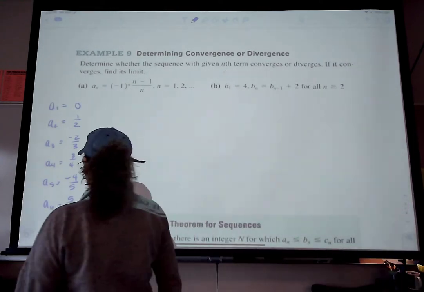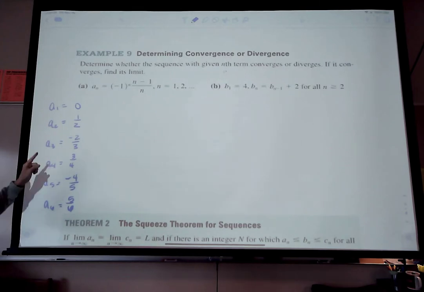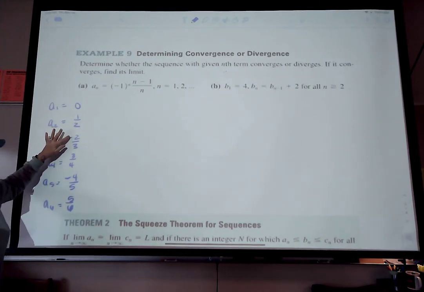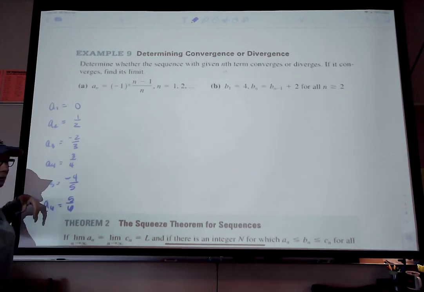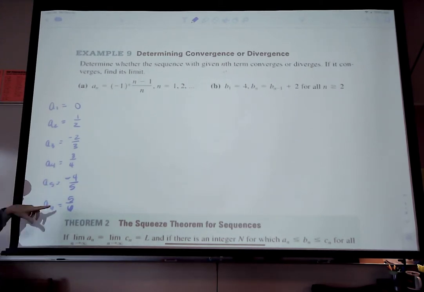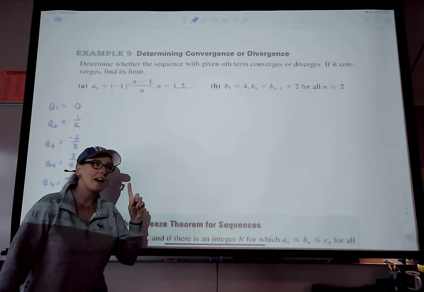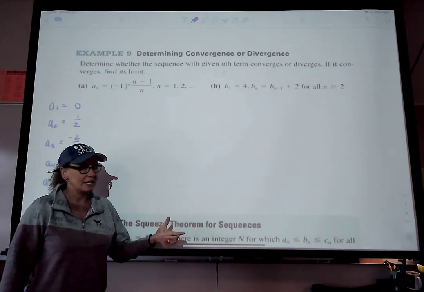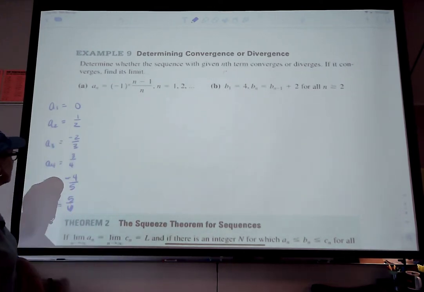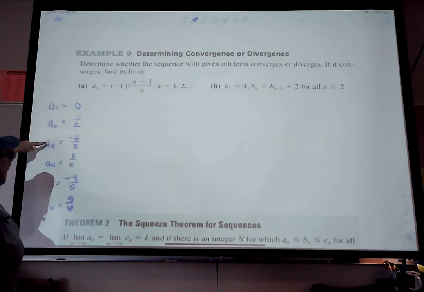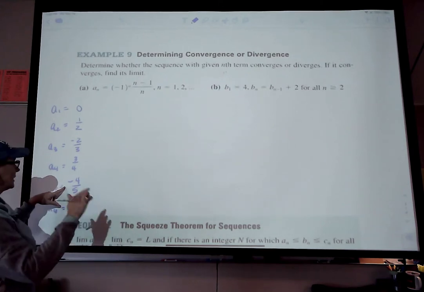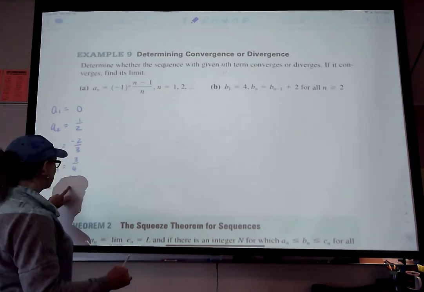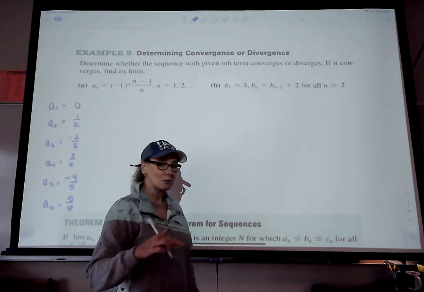And where are they headed? Well, if we ignore the fact that every other one is negative, I believe my fractions are getting closer and closer to 1. Each of these fractions is getting closer and closer to 1. However, they're alternating in sign. So technically, my odd number terms are getting closer and closer to -1, and my even number terms are getting closer and closer to +1.